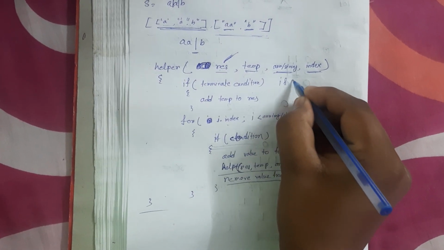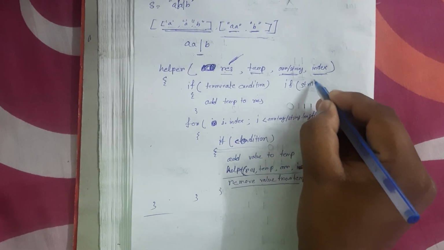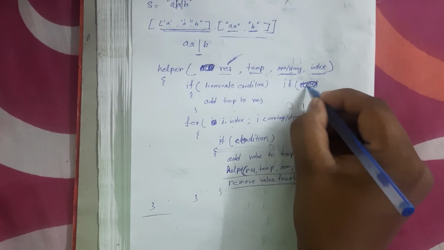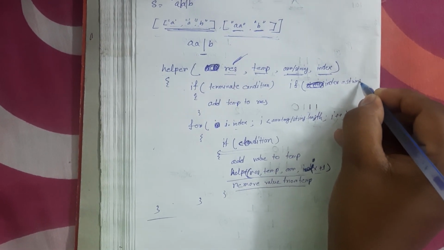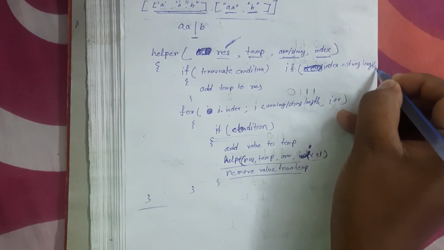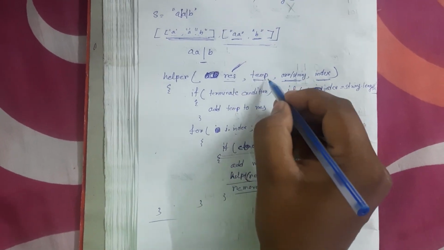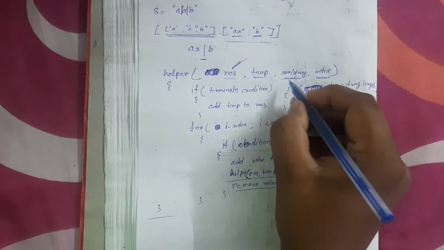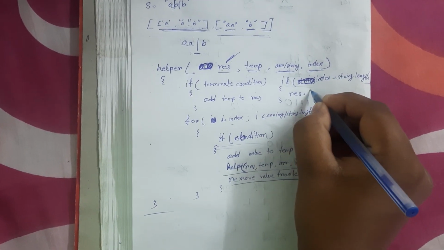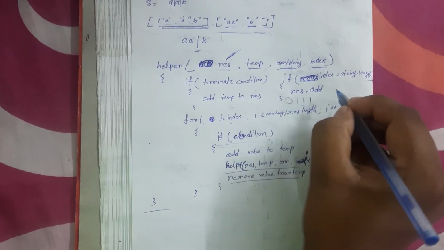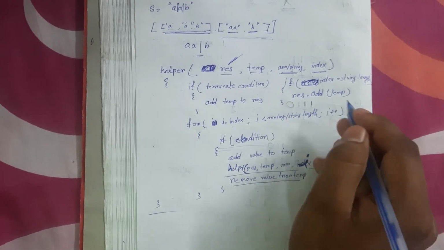So the condition should be: if index equals string dot length. Here temp is a temporary array list of strings. So we will add that temporary array to our result list. So this could be our terminating condition.